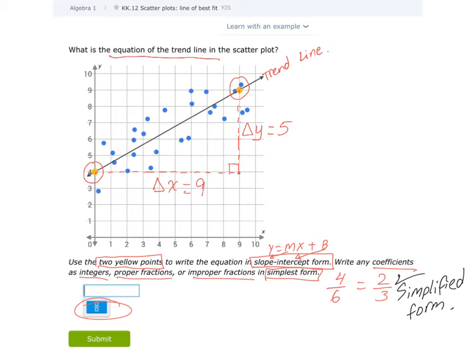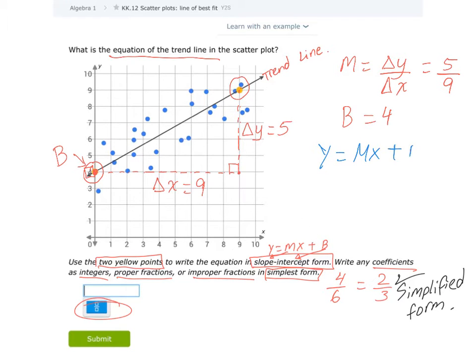So delta x is 9. Our slope is 5/9. Now we need the second part, b, the y-intercept. This point 4 that we know is b. Since we know both values, we can plug them into mx plus b: 5/9 x plus 4, and that is our answer.